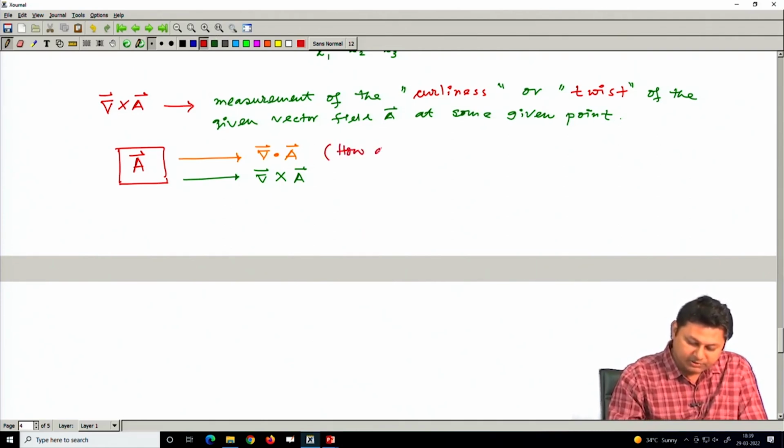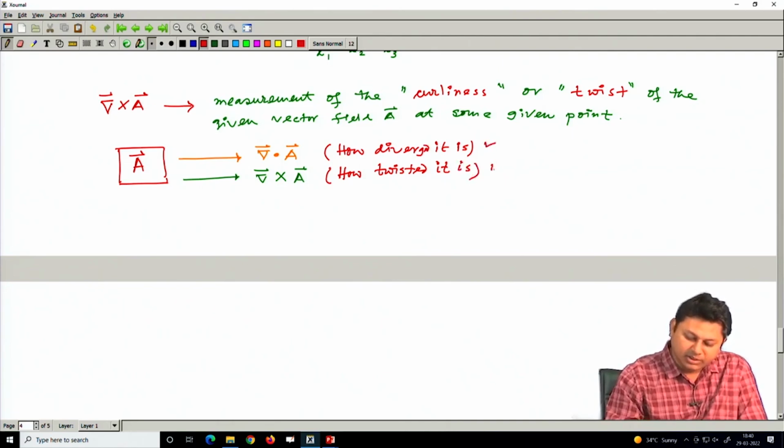how divergent it is, or how twisted it is. These two measurements you can do.